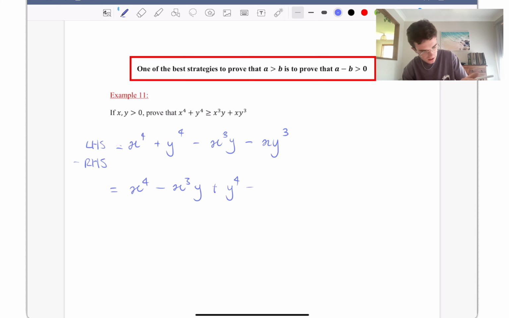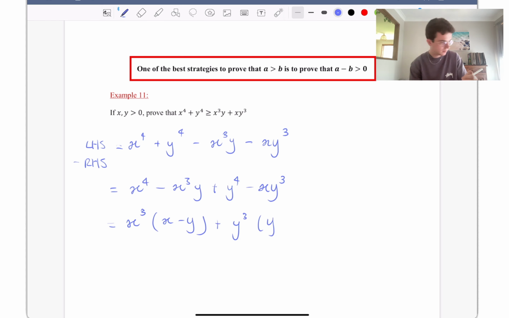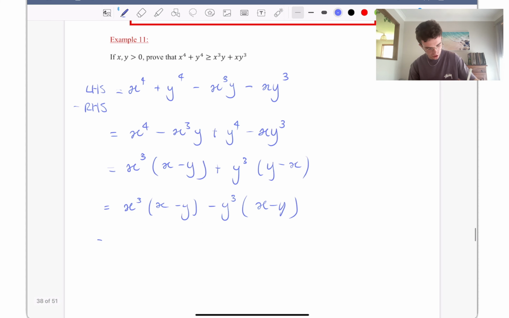We could take out a factor of x cubed here, and so this is x cubed times x minus y plus y cubed times y minus x. Take out a factor of minus 1 so we can group in pairs, which is equal to x minus y times x cubed minus y cubed.